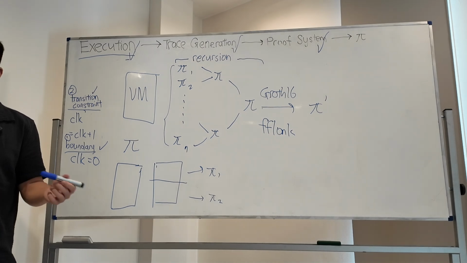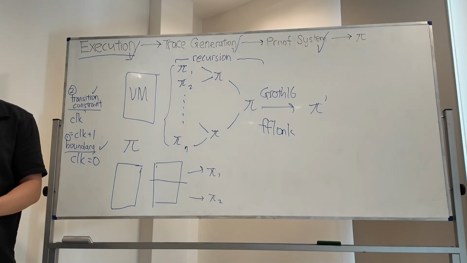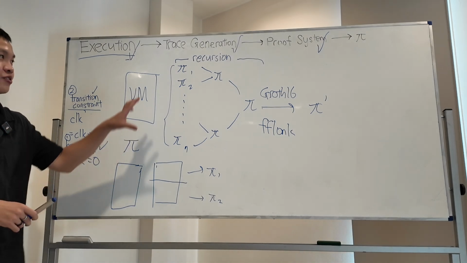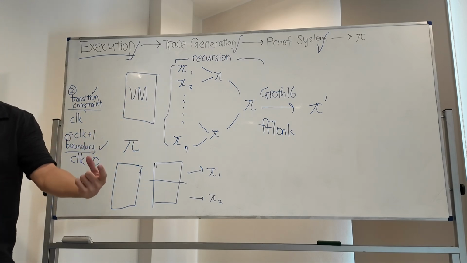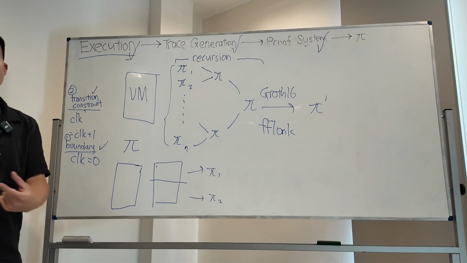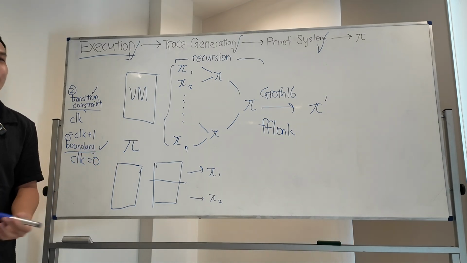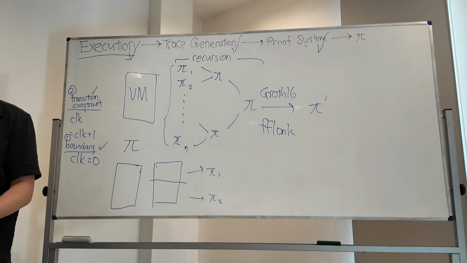In some workloads, for example, if you prove an Ethereum block, you would necessarily have to split up the workload into smaller traces and then prove those traces separately. This is especially true if you want it to run on a powerful consumer laptop.